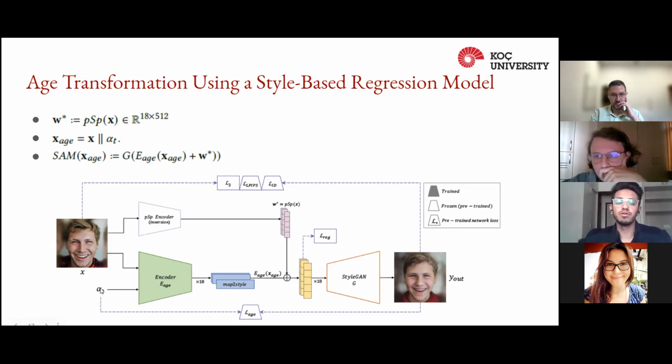So whenever we input an age, we can actually get the image corresponding to that age in the end. So this is one approach that we will be using in our model.